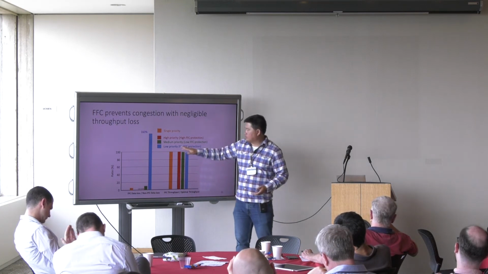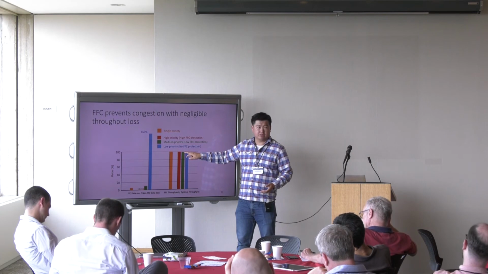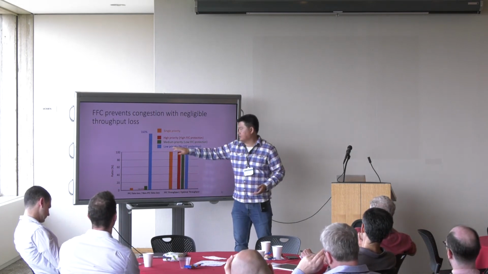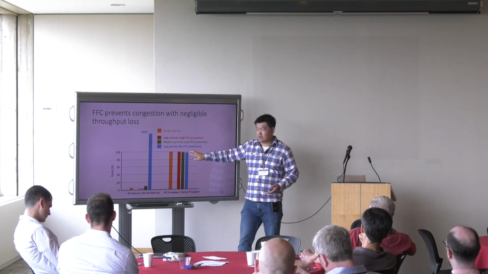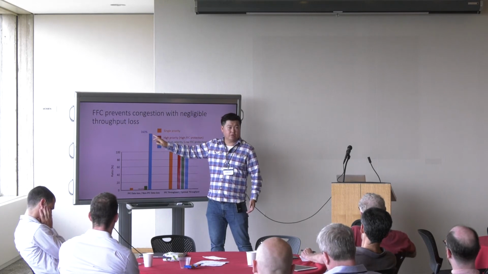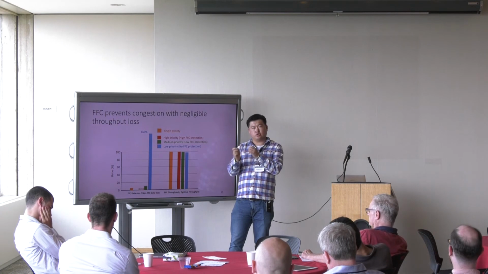Also the medium priority has a little bit of throughput loss, and for the low priority you have a lot of loss here. So you can see how we use FFC as a knob to tune the trade-off.